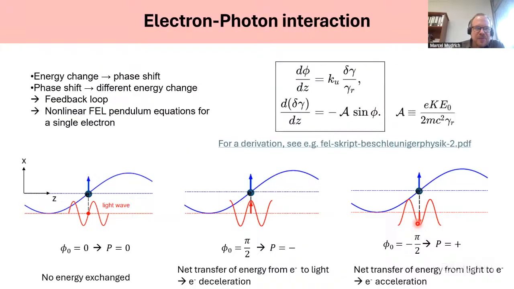So yeah, basically we have a coupling between a phase shift of the external electric field and the energy change. The point is that when electrons get decelerated at phi equals pi half, they would eventually slow down and shift in phase.